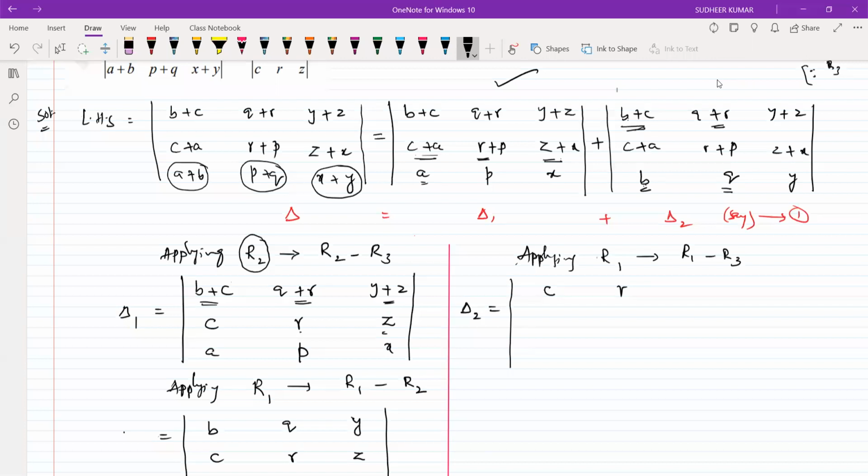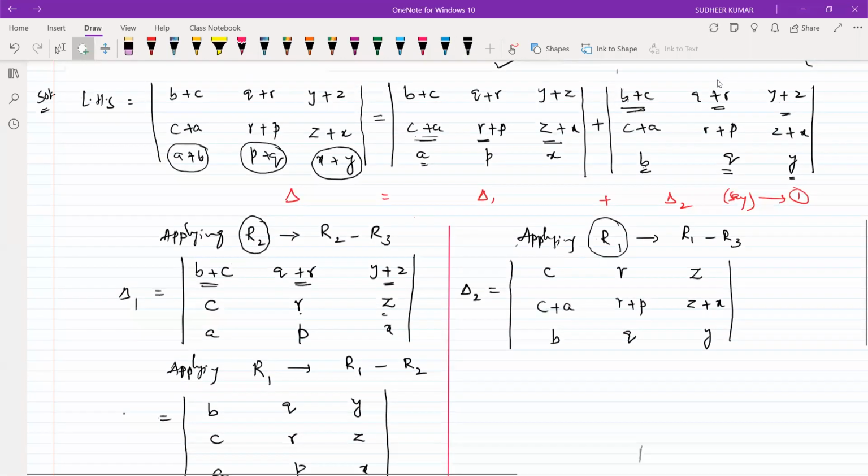Remaining is R. And here also, Y plus Z minus Y. Y gets cancelled. The remaining value is Z. Next, R1 only needs to change. R2, R3 remain the same. C plus A, R plus P, Z plus X. This is B, Q, Y.